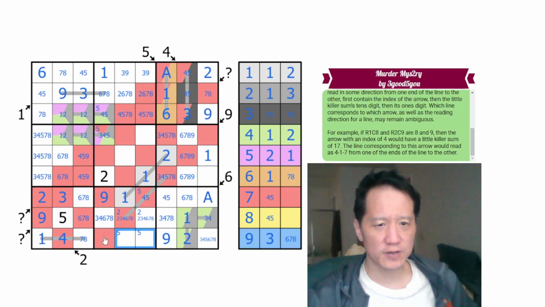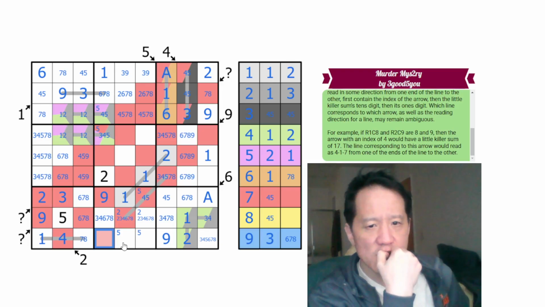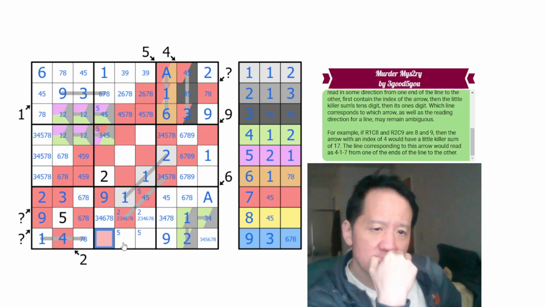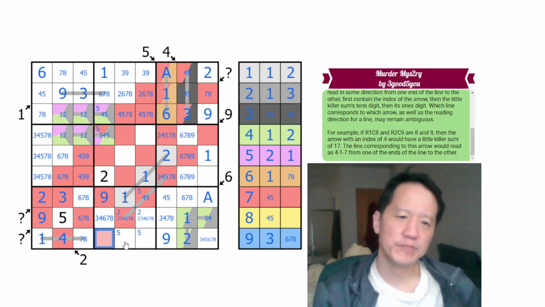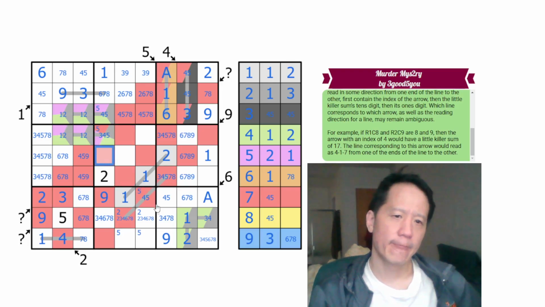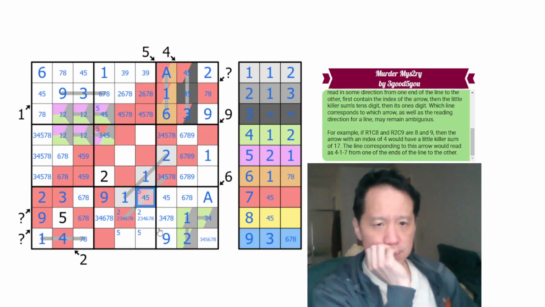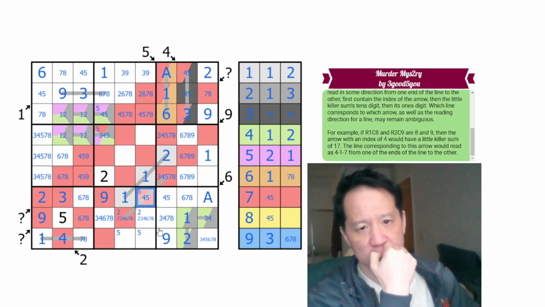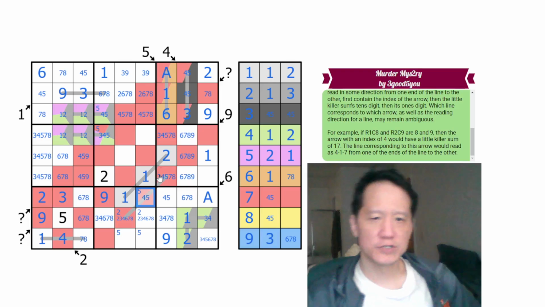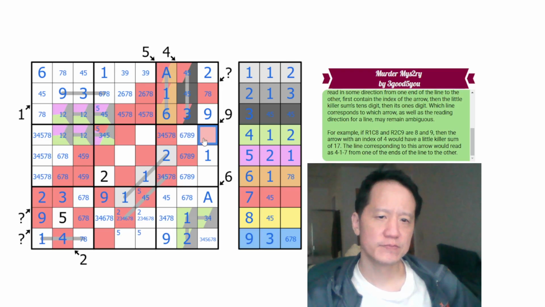Don't know if we have anything else. These are smaller now. These are not. Interesting. Well, no. This could be 9 and it still could be 6 here.